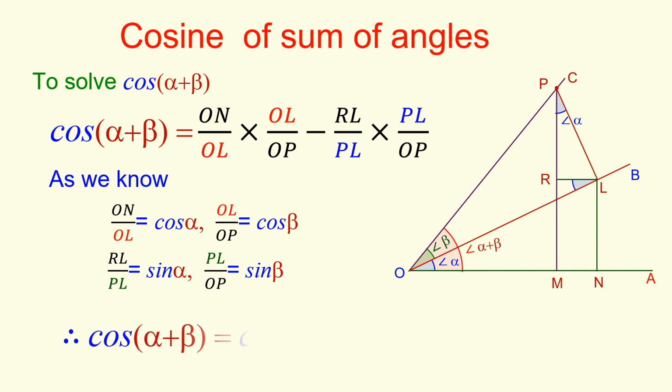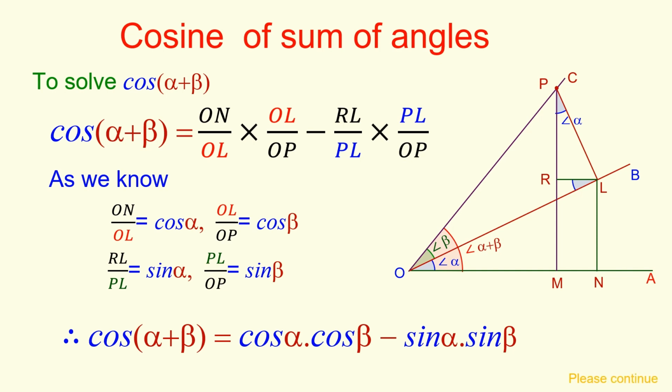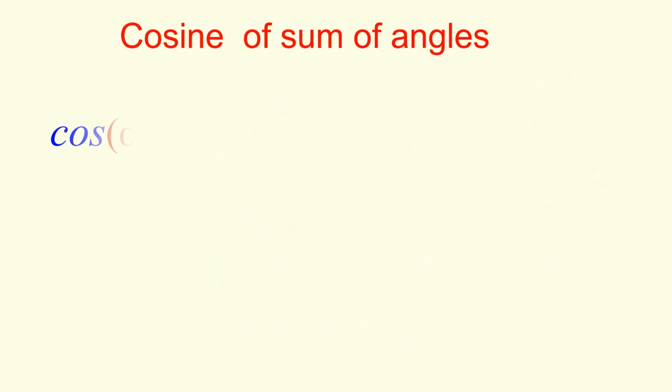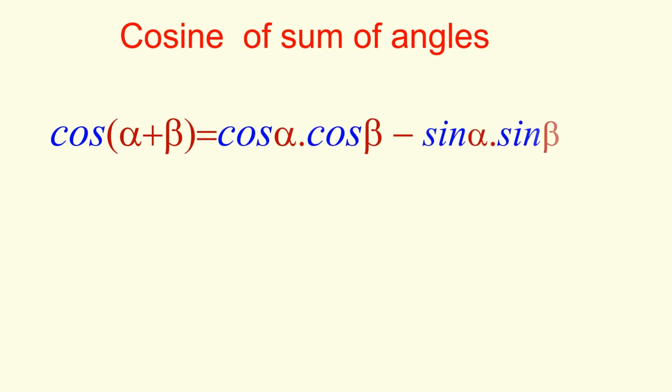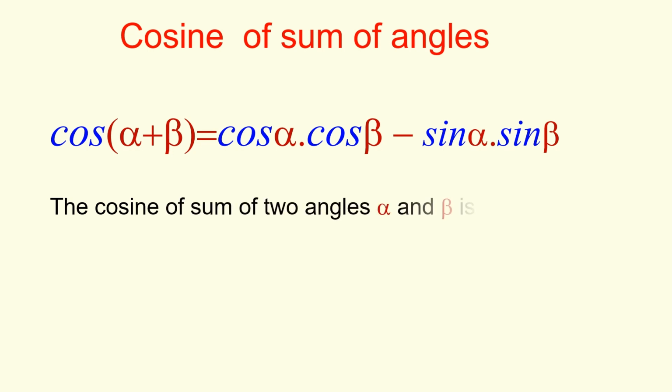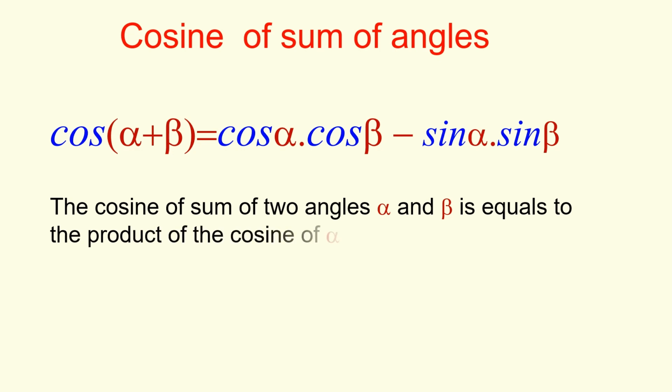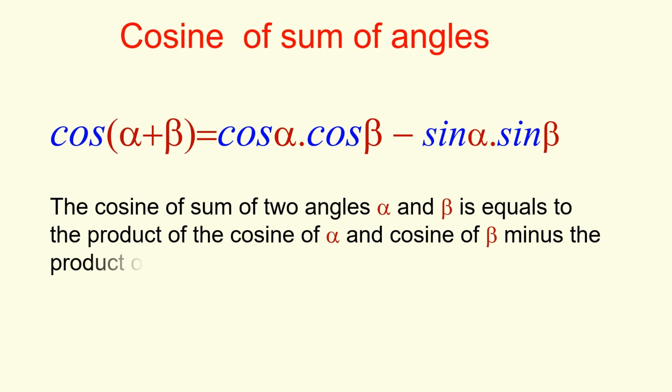RL divided by PL is sine alpha and PL divided by OP is sine beta. Therefore, cos alpha plus beta is equal to cos alpha into cos beta minus sine alpha into sine beta. The cosine of sum of two angles, alpha and beta, is equal to the product of the cosine of alpha and cosine of beta minus the product of the sine of alpha and sine of beta.